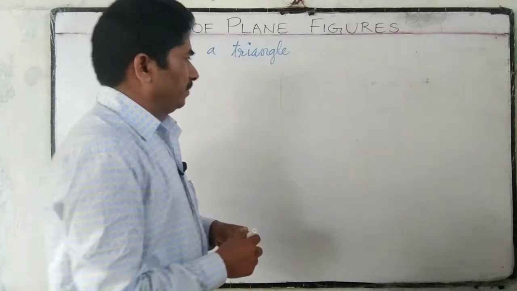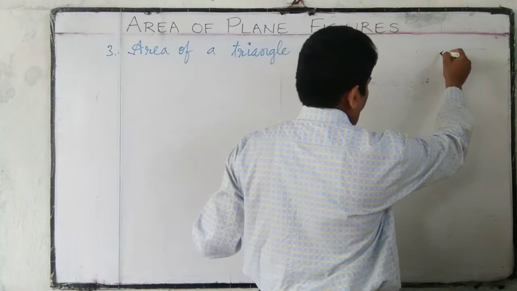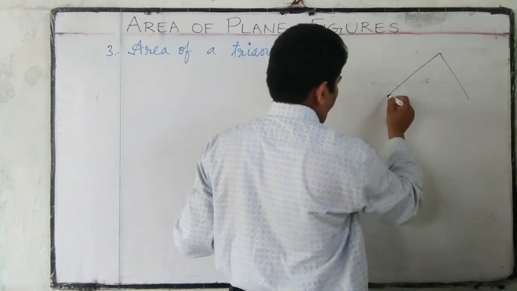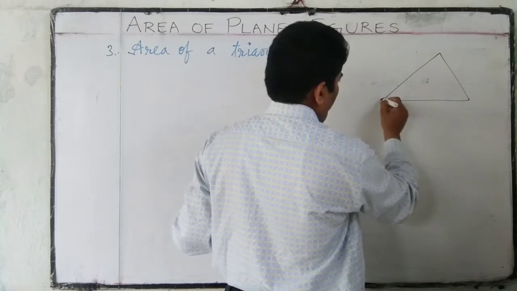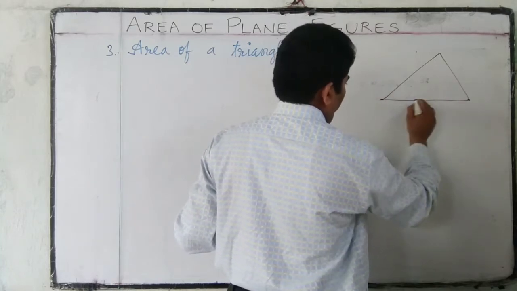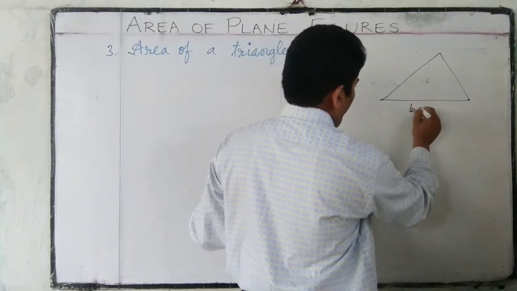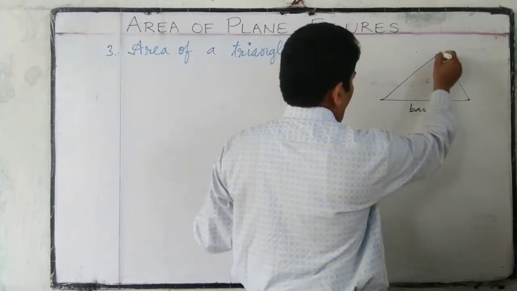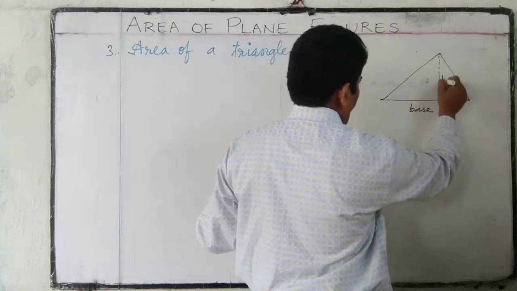Area of a triangle. Let us draw a triangle. In this, horizontal line is called base. This is height of the triangle.